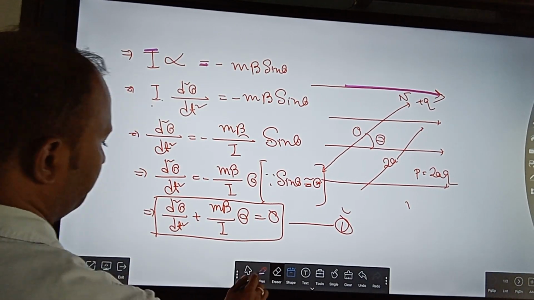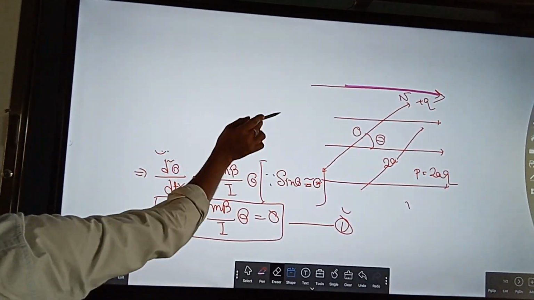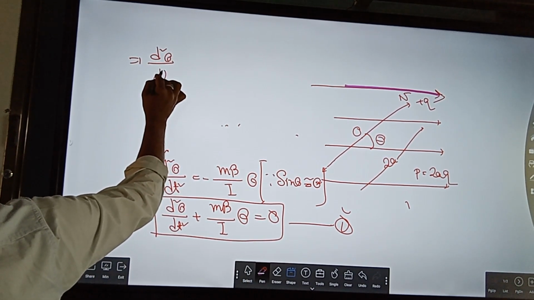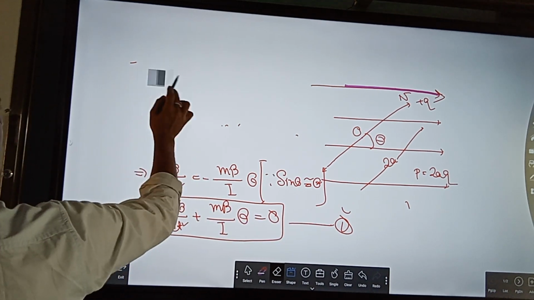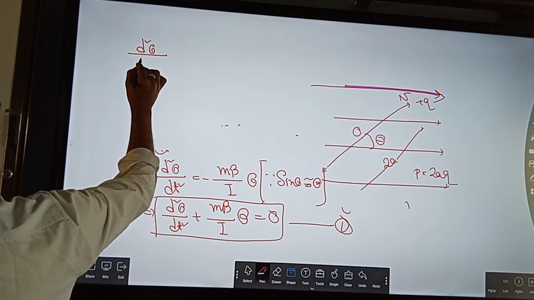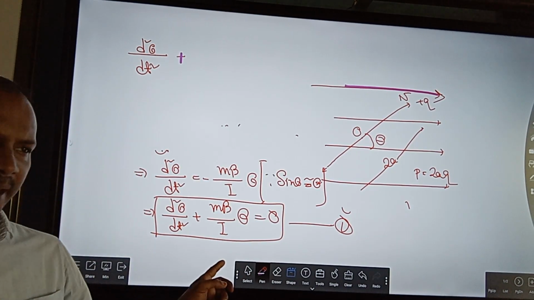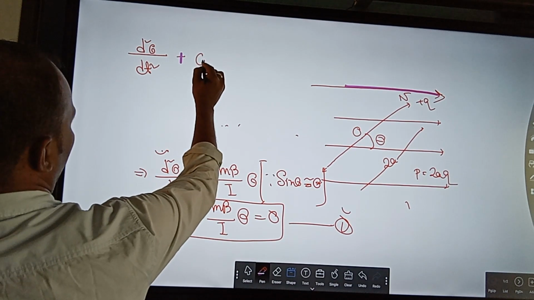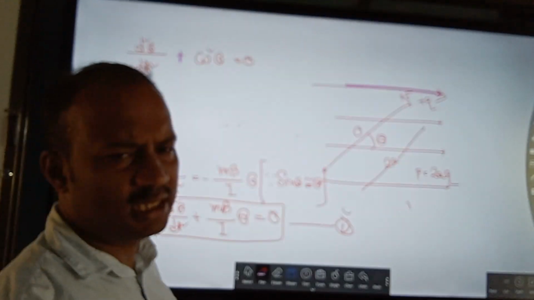Now, therefore, we can write this in the form d square theta by dt square plus omega square theta equal to 0, where mB by I is written as omega square. This symbol is omega.